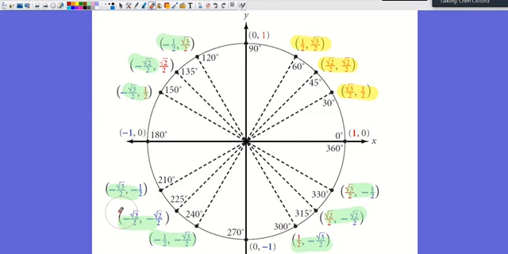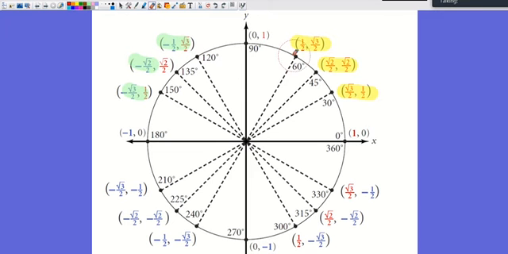Okay, let's just focus on how to get these greens, how to go from yellow to green. Now, I hope we can agree that how to get from yellow to green is to reflect it across the y-axis.